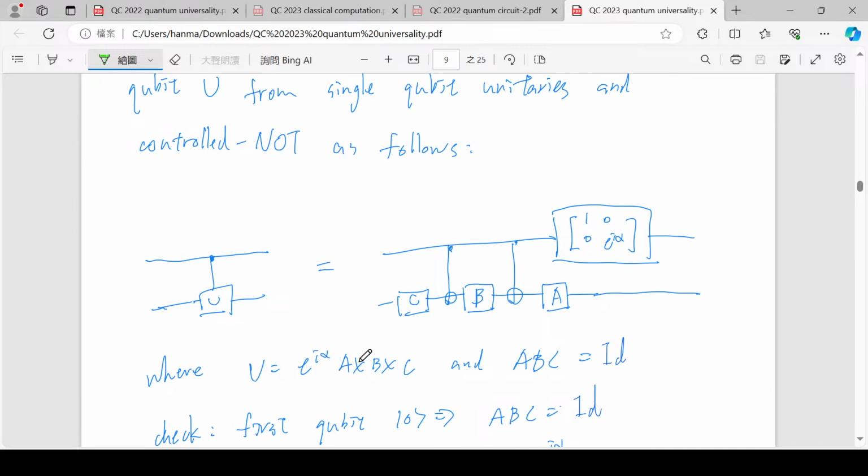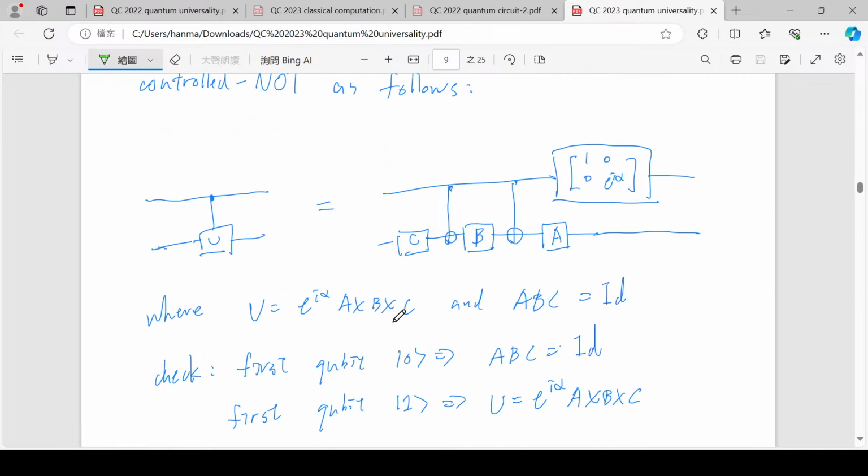So U equals e to the i alpha A X B X C. And so why does this work? Because you can think about what this thing does when the first qubit is 0 or 1. When the first qubit is 0, then the CNOT doesn't do anything.